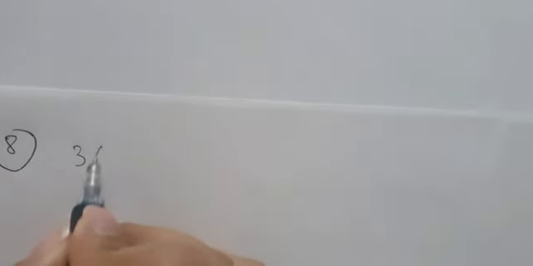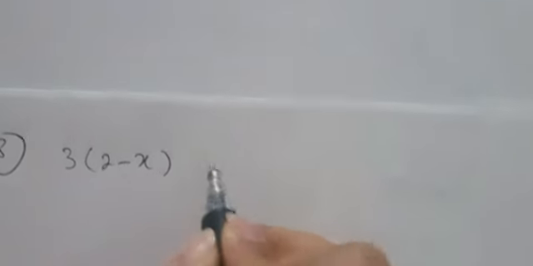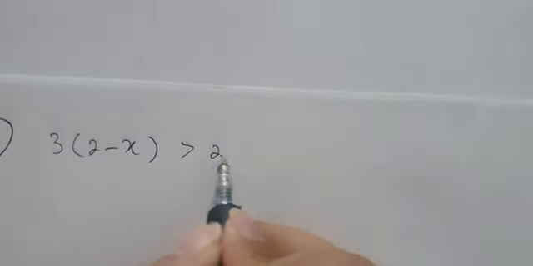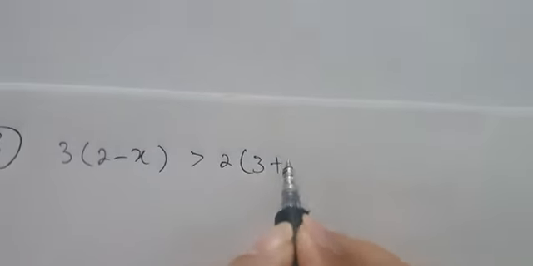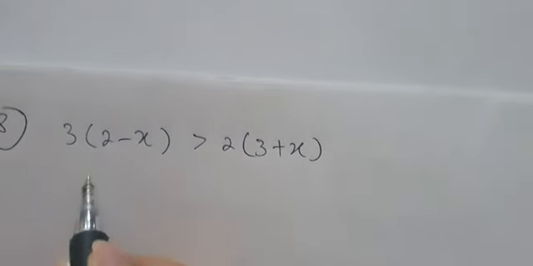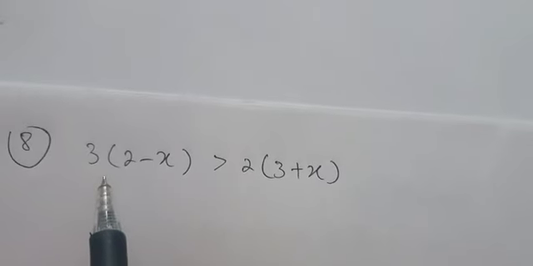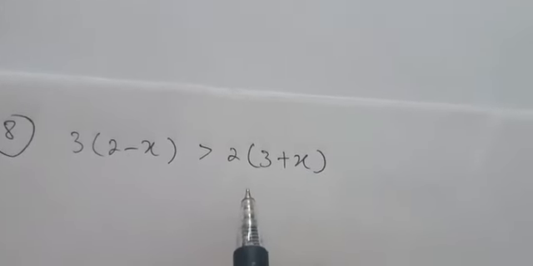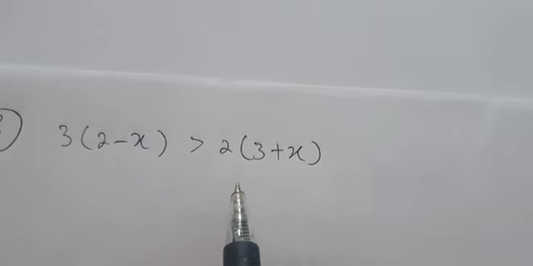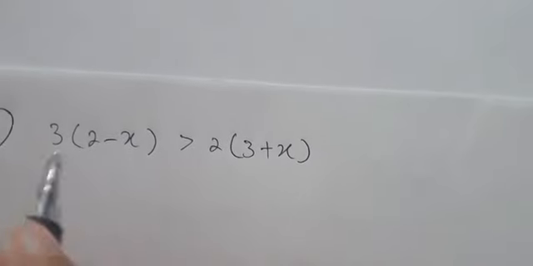Now we will try to solve problem 8, that is 3 into 2 minus x strictly greater than 2 into 3 plus x. We need to first multiply this constant 3 inside the bracket, and similarly on the right side we have constant number 2. We will multiply inside the brackets.